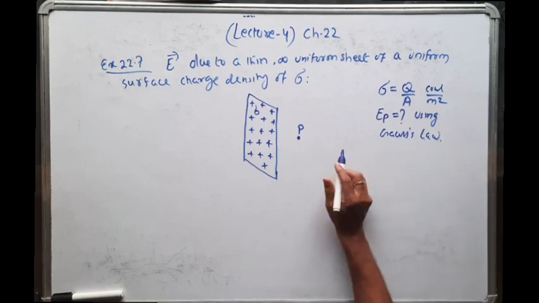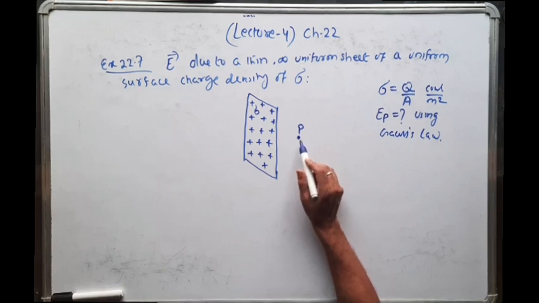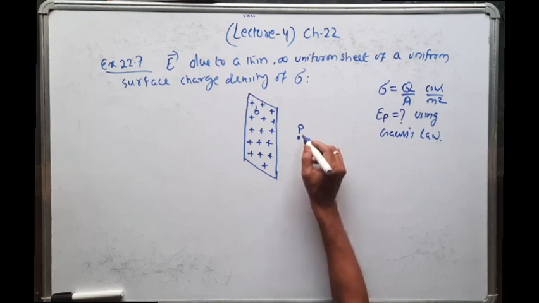I have already told you that when you apply Gauss law, we have to take an imaginary surface, and that imaginary surface is our Gaussian surface. In this case, we will select a Gaussian surface which is nothing but a cylinder.